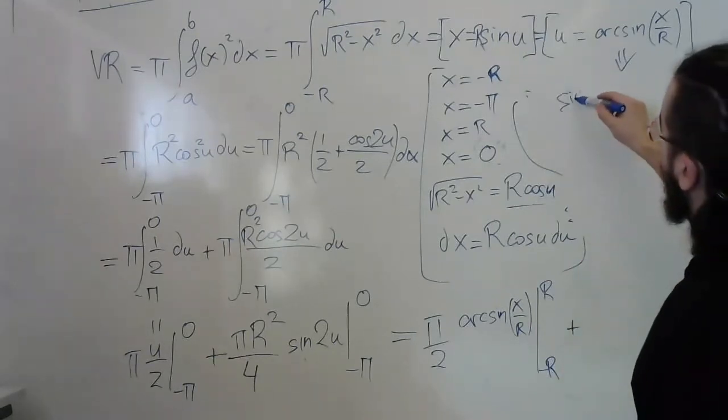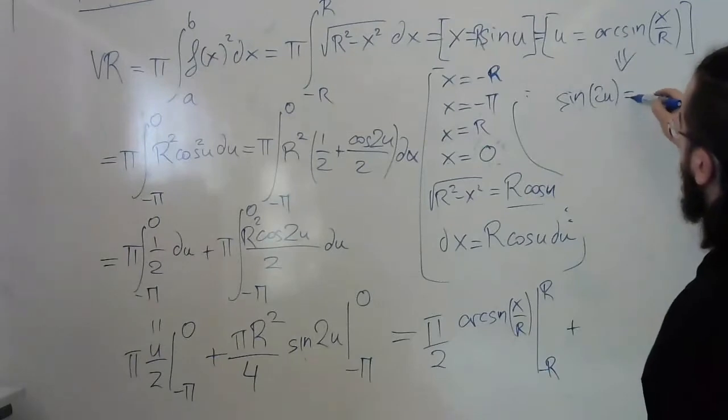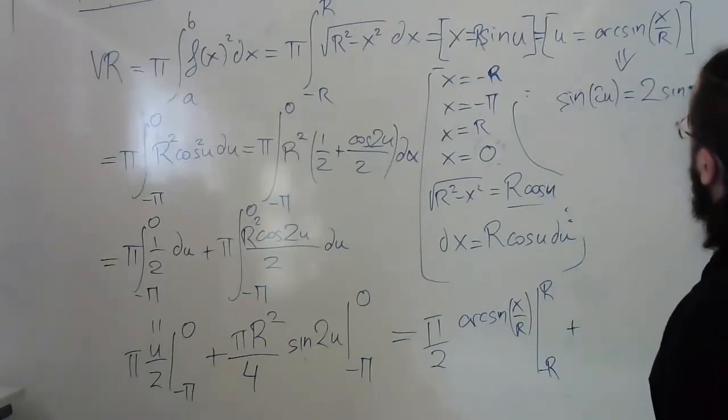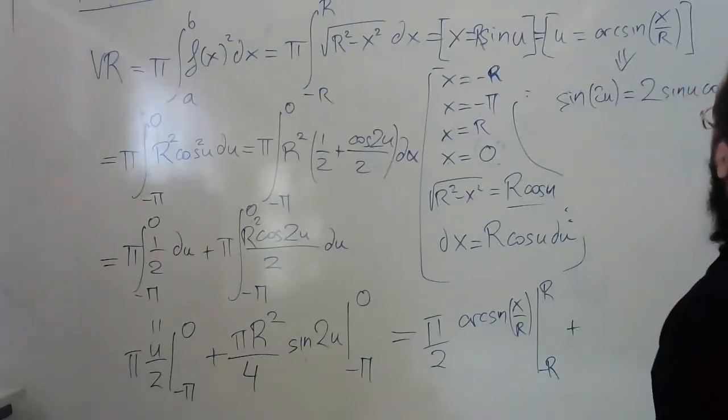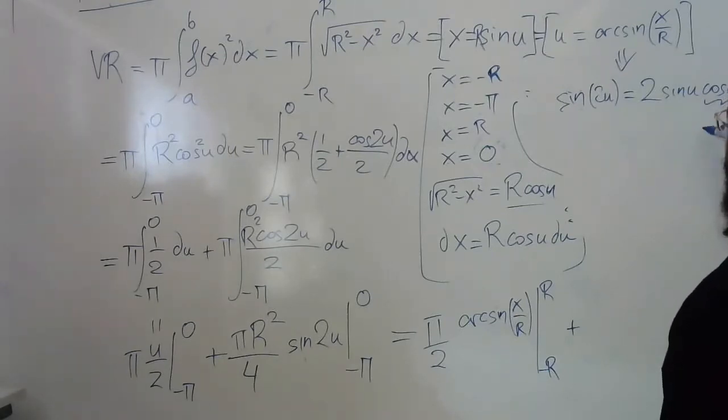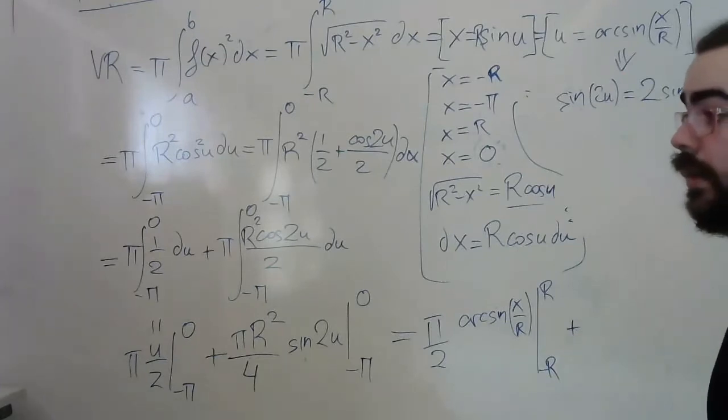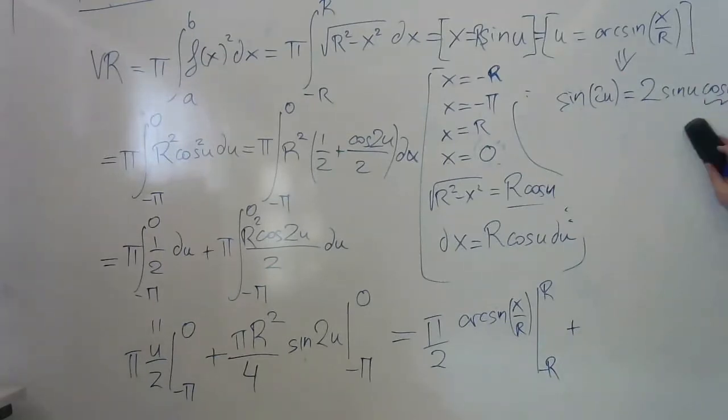Now the sine of 2u is 2 sine u cosine u. I lost the whiteboard.